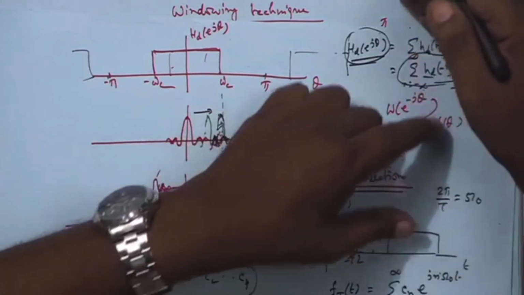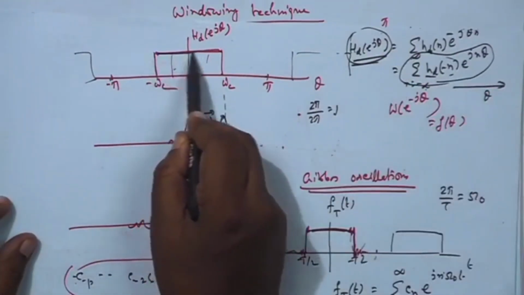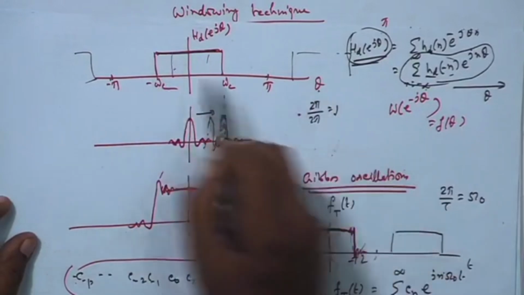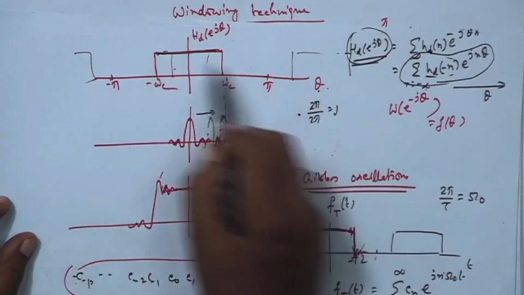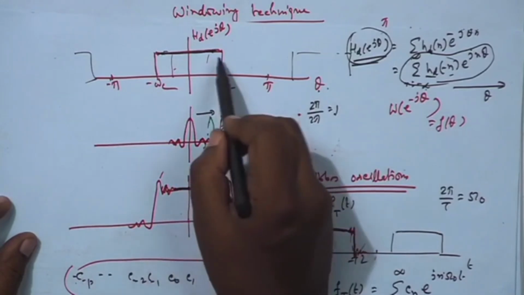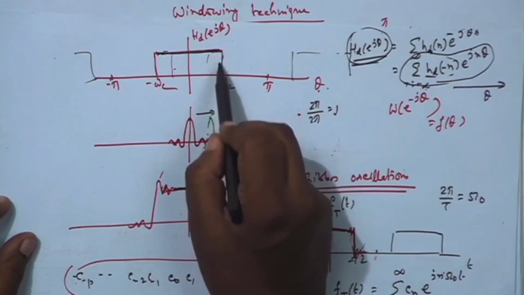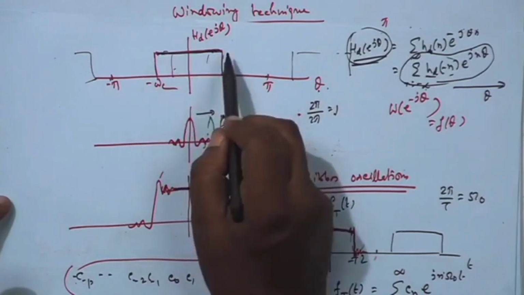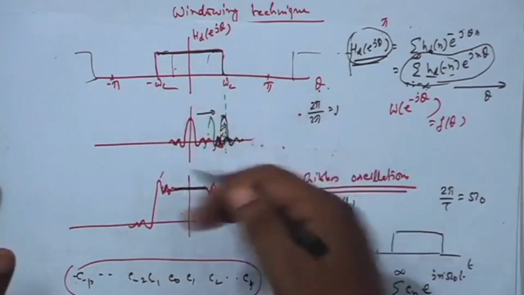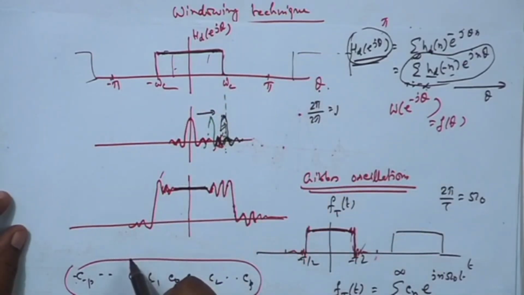As a result, when I add them on the right hand side, as long as the low frequency part is concerned, the variation versus theta, this will be matched, but there is an abrupt transition from high to low, that reflects the presence of high frequency components. There we will have this oscillation, there is mismatch, and that is what you see here, this Gibbs oscillation.